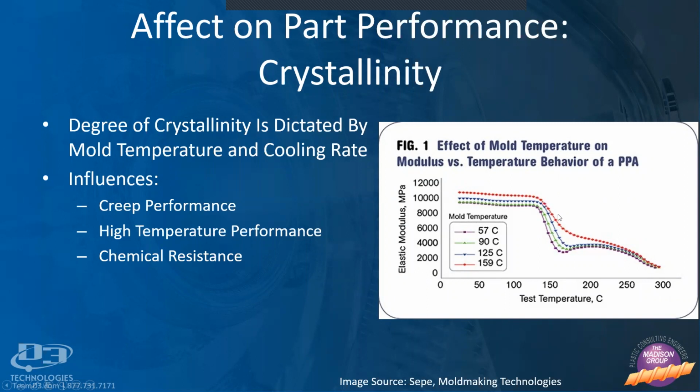Here we see a much more gradual, stable change in our stiffness as we increase the temperature. When we don't allow that crystalline structure to develop, we see a much sharper drop in modulus and then much more variability at this higher temperature. So we're going to be less sure how our parts can perform at these higher temperatures.